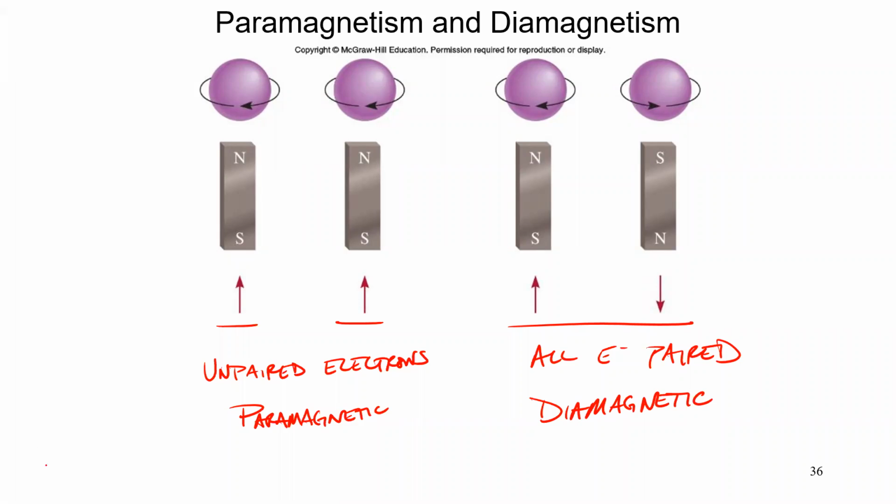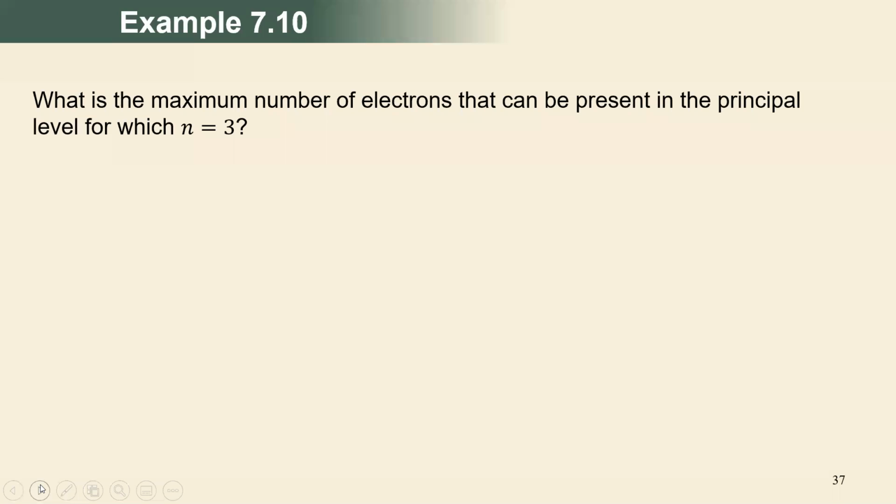Okay. All right. Moving on then. What's the maximum number of electrons that can be present if the principal quantum number is n equals 3? So the principal level when n equals 3. Well, if we think back, how many orbitals are there when n equals 3? 9. And how do we know that? n squared. That's it.